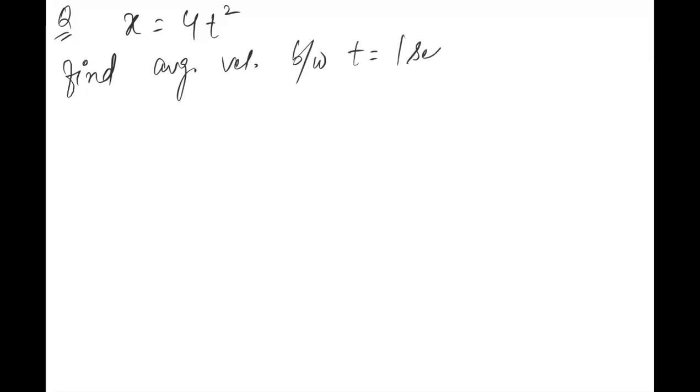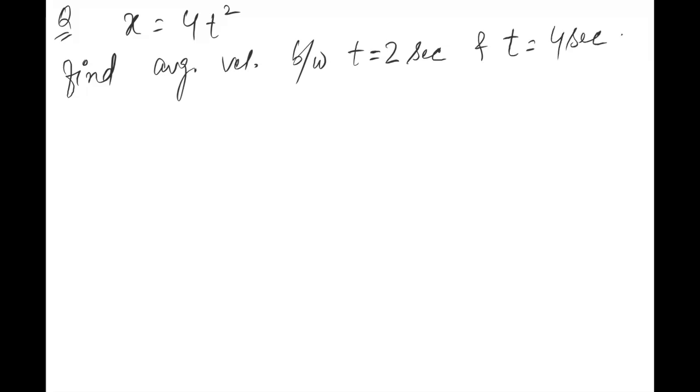Let's say I have X is equal to 4t square, where x is position and t is time. The question is to find v average, that is average velocity, between t equal to 2 seconds and t equal to 4 seconds.